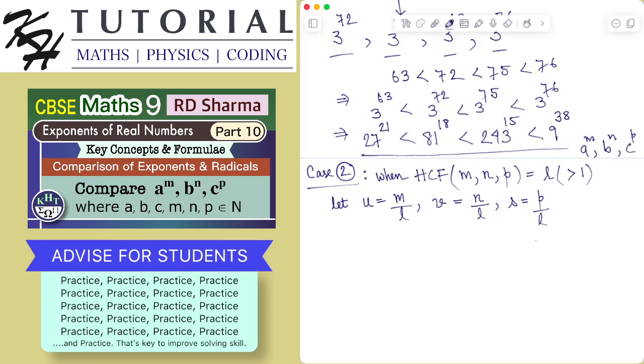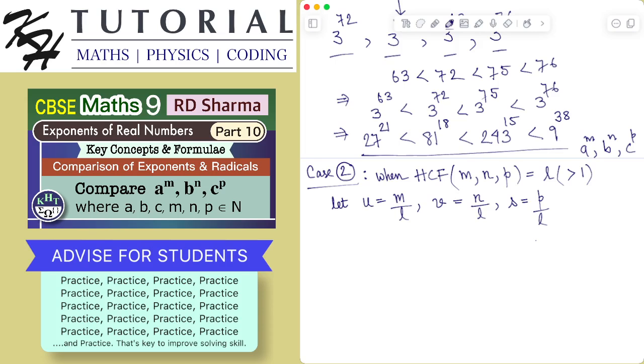Now let U be equal to m by L and V be equal to n by L. That is, we divide all the powers by their highest common factor, HCF or GCD.